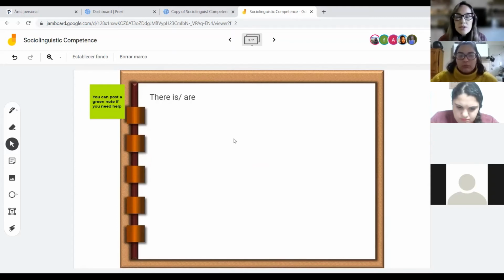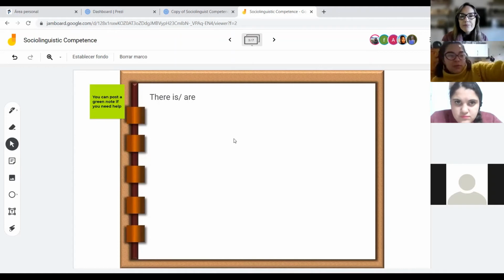To express quantity also in what situation? To say, for example, how many students are in a classroom. Okay. So you say there are 25 students. Any other situation in which we use there is and there are?